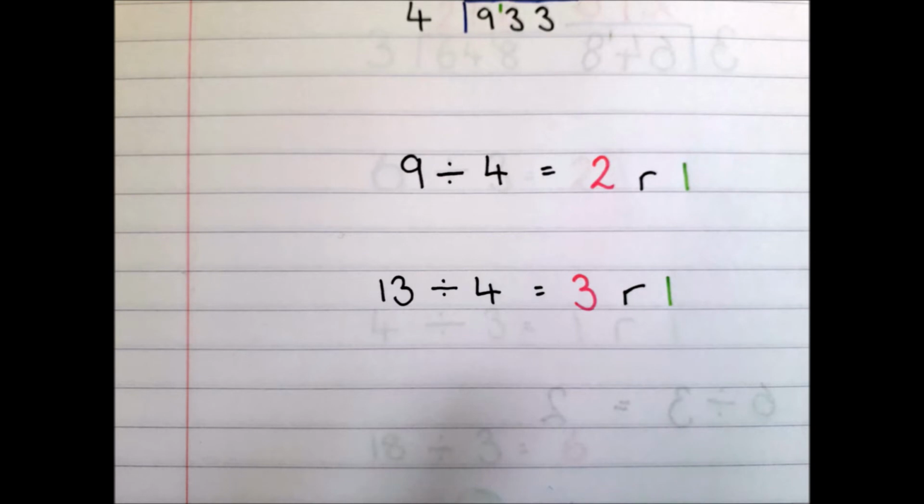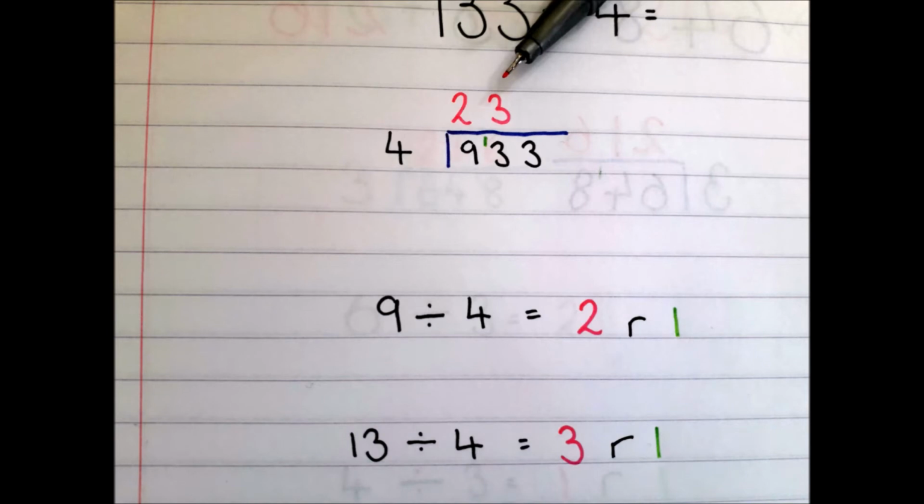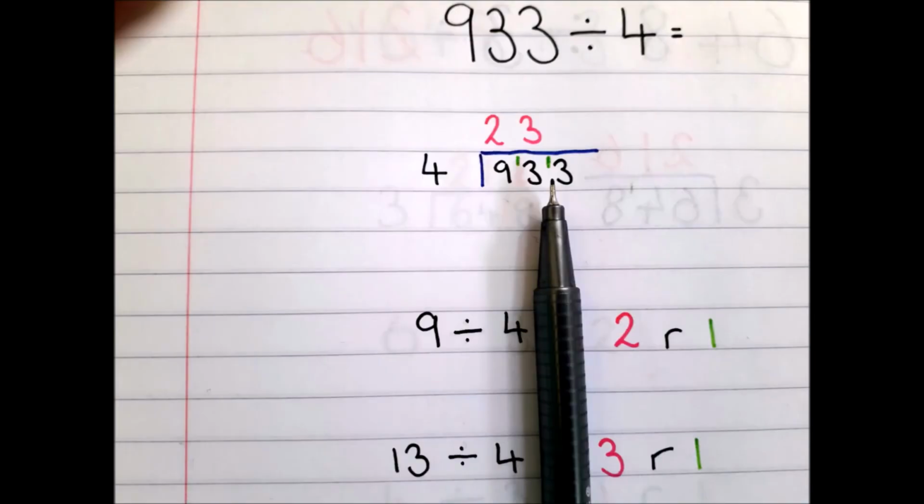So our answer is 13 divided by 4 is 3, remainder 1. The 3 goes above the 13 on the top of the bus stop. The remainder 1 goes in front of the last 3, turning that into 13.